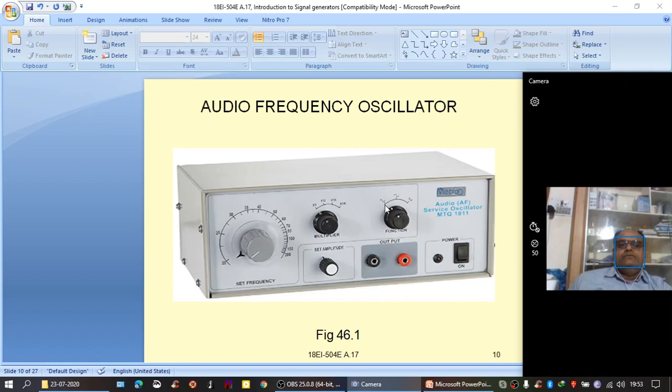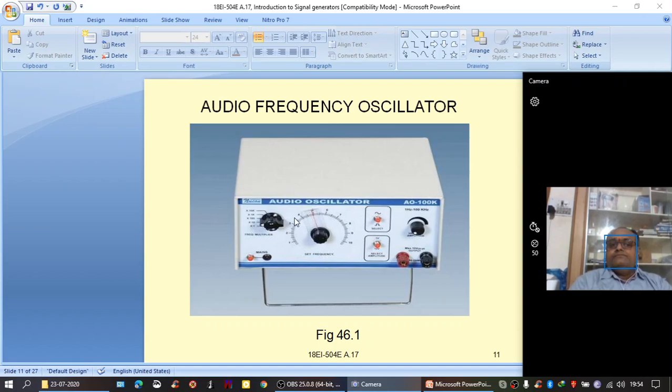First one is for square wave, second is sinusoidal, third one is triangular. So this produces three types of signals.